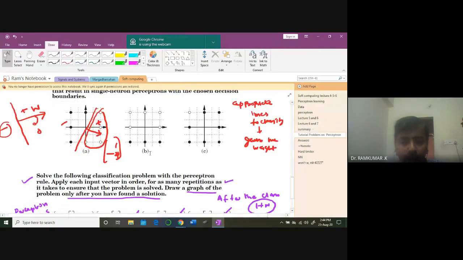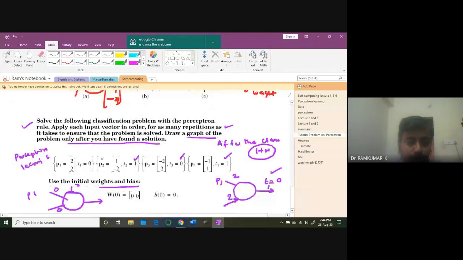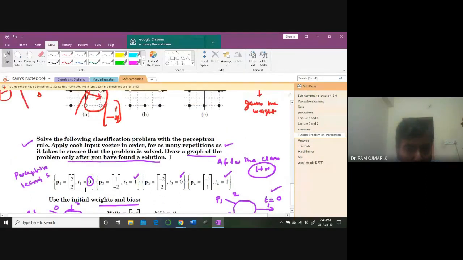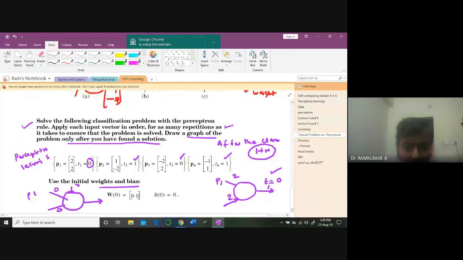We are looking for 0. It passes through a hard limiter function. The vector is Boolean, 0 or 1, and the output labels are all zeros and ones, so we can take it as hard limit.